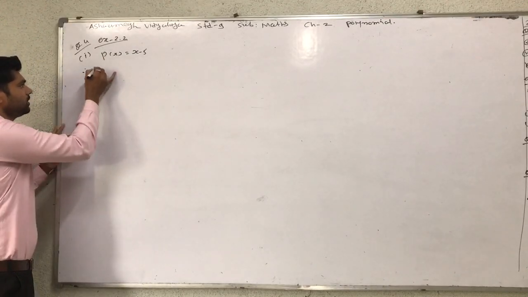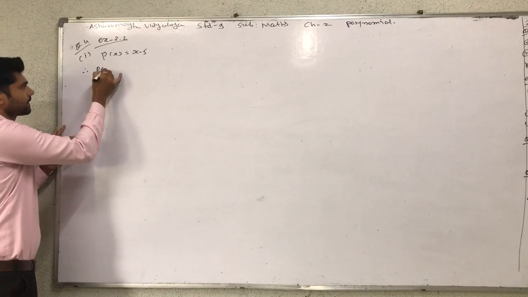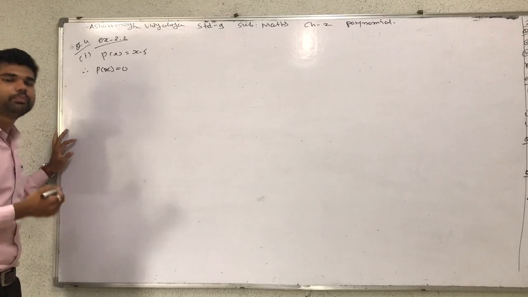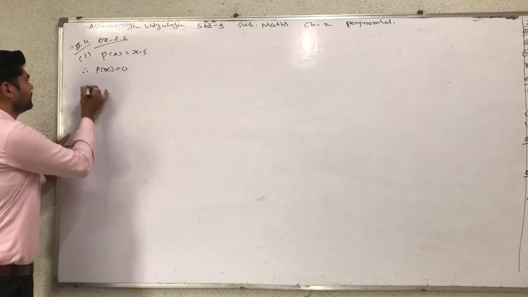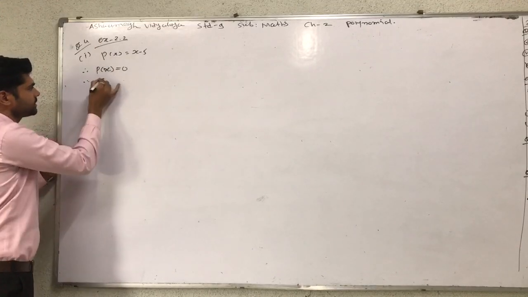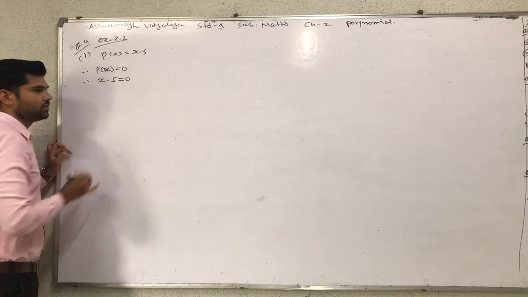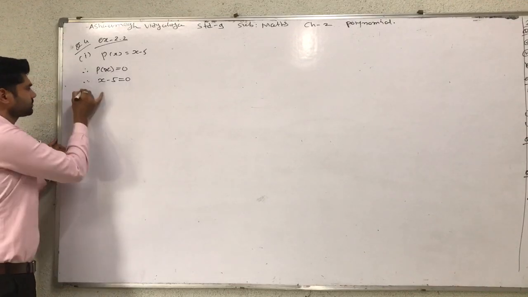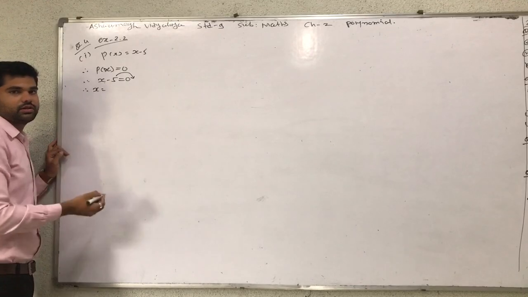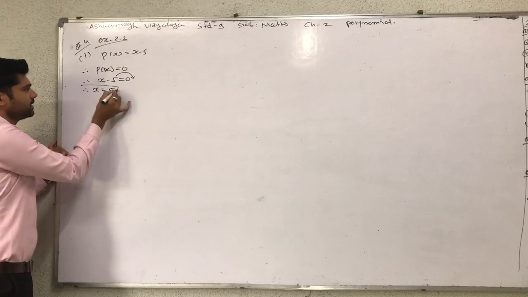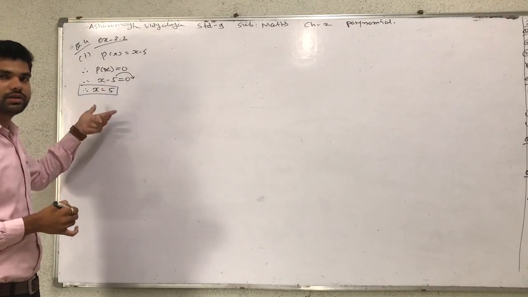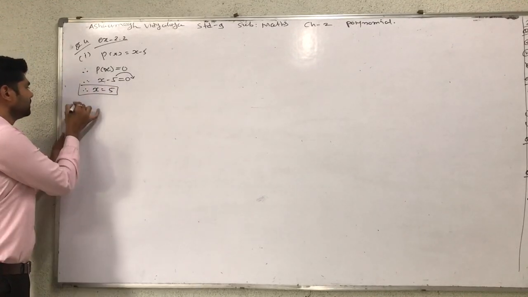So we take p of x equal to 0. Therefore x minus 5 equal to 0. Therefore x equals 5, since the sign changes and minus 5 becomes plus 5. So 5 is the zero of the given polynomial.